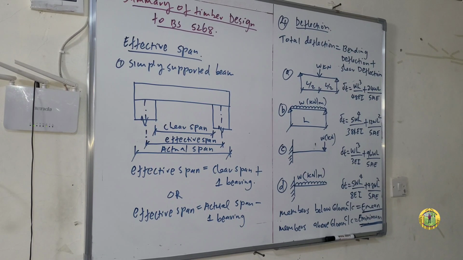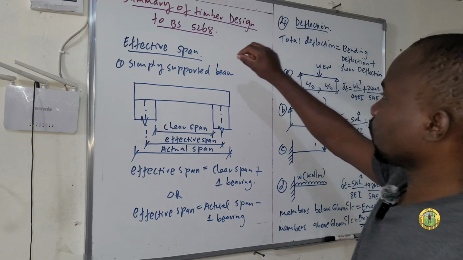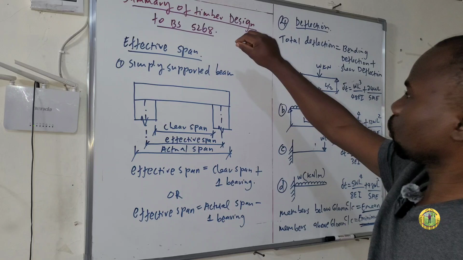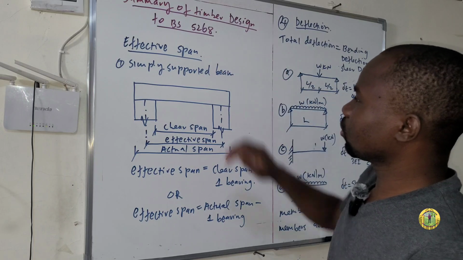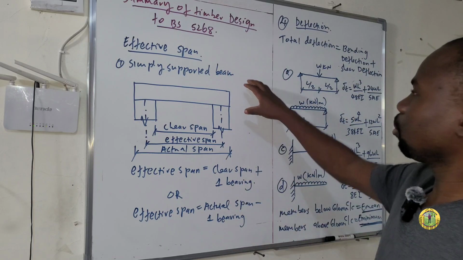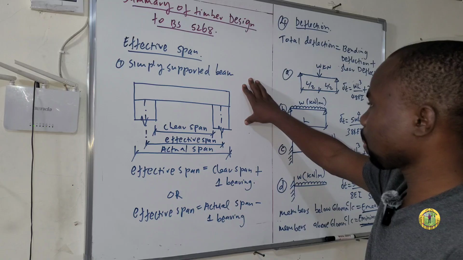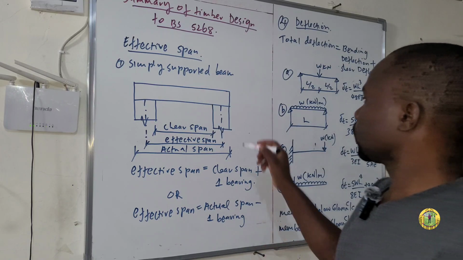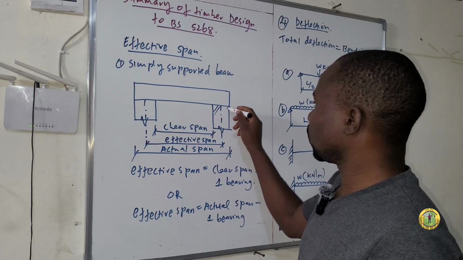Now let's talk about the effective span. The effective span is very important for safety purposes. The span which is used in the design is the effective span. For number 1, we have a simply supported beam. As you can see, this is a simply supported beam, and this is the wall or the column.